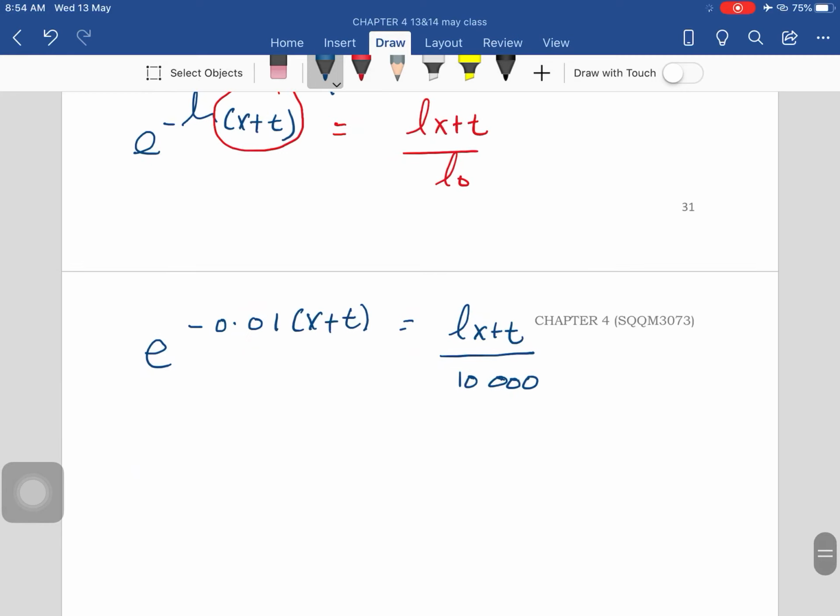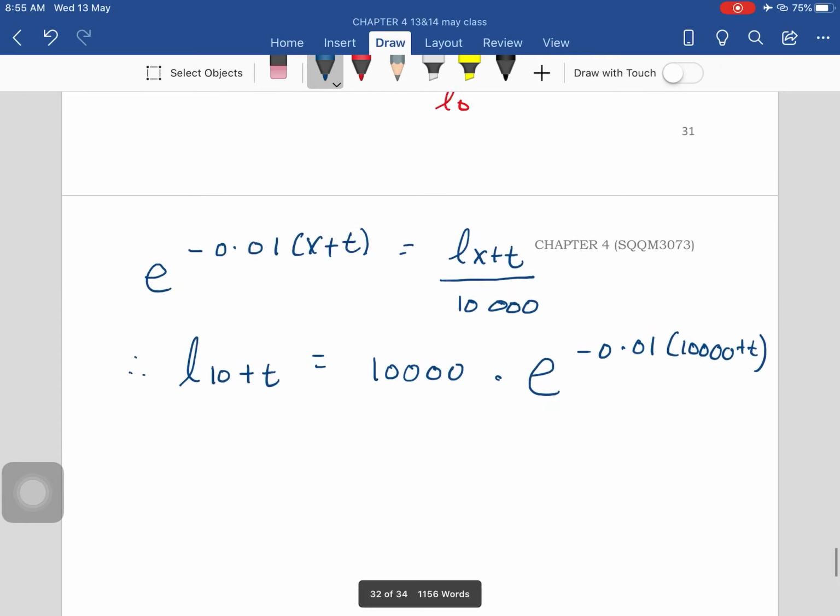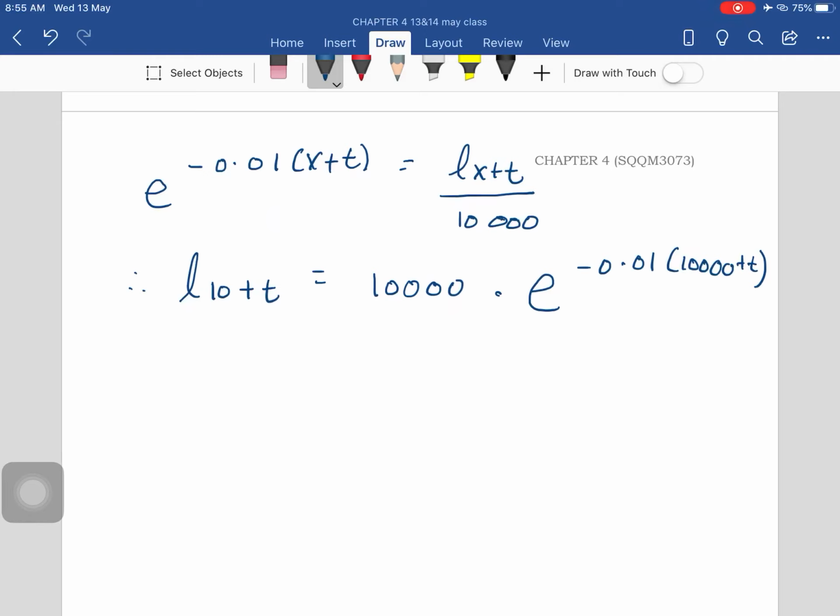Okay. So we substitute for Lx plus t, L10 plus t, is 10,000 times E negative 0.01, to find L10. So we substitute L10 with 10,000 times E negative 0.01.